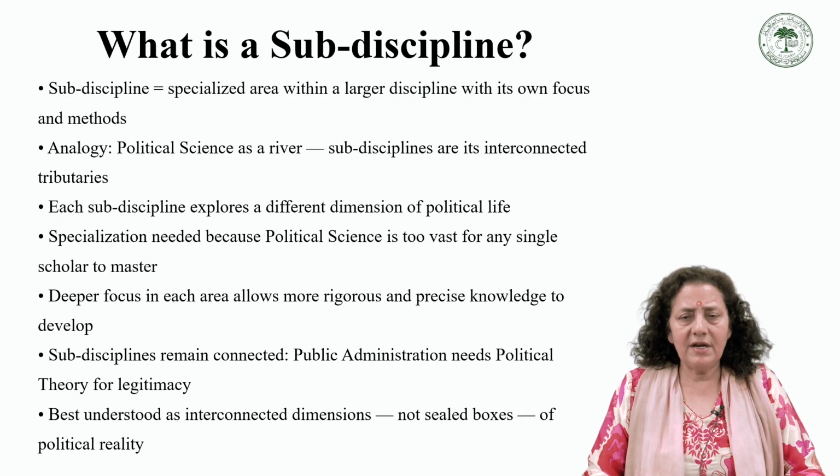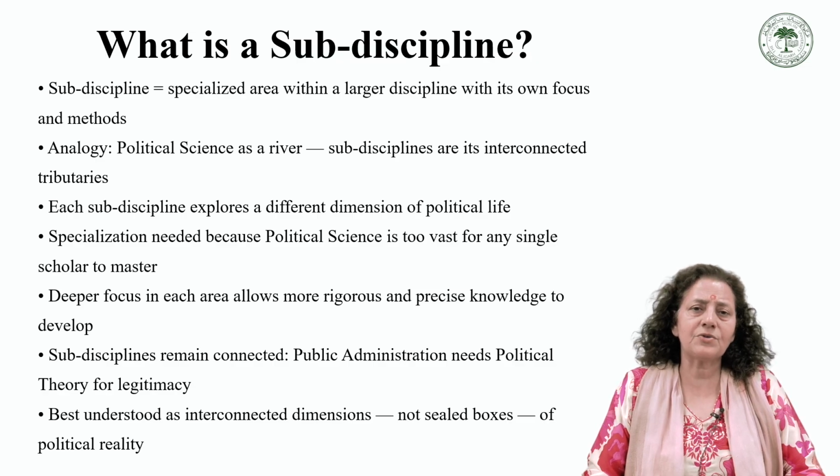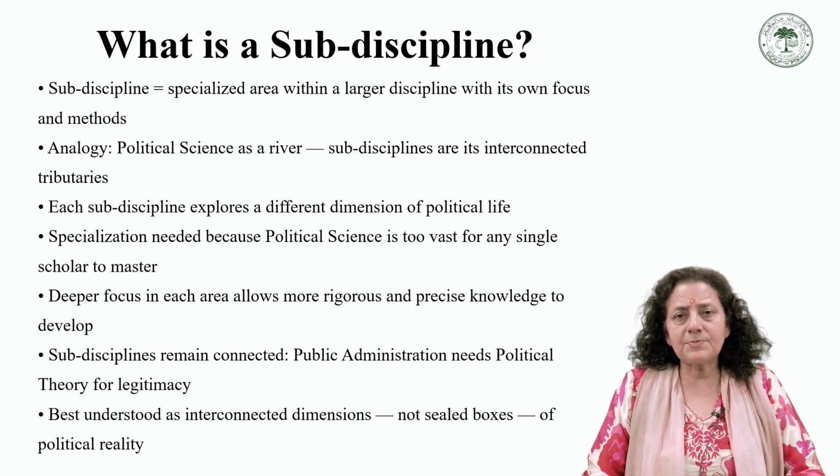Before exploring individual branches of political science, let us understand what we mean by a subdiscipline. A subdiscipline is a specialized area within a larger academic discipline that focuses on a particular set of questions, uses specific methods, and develops its own body of knowledge and theory.